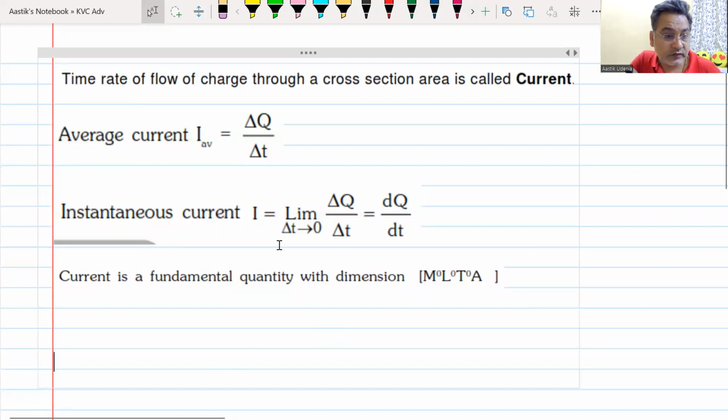Scalar, sir. Current is a scalar quantity. Even though current has a magnitude and also a direction, it is still treated as a scalar quantity.